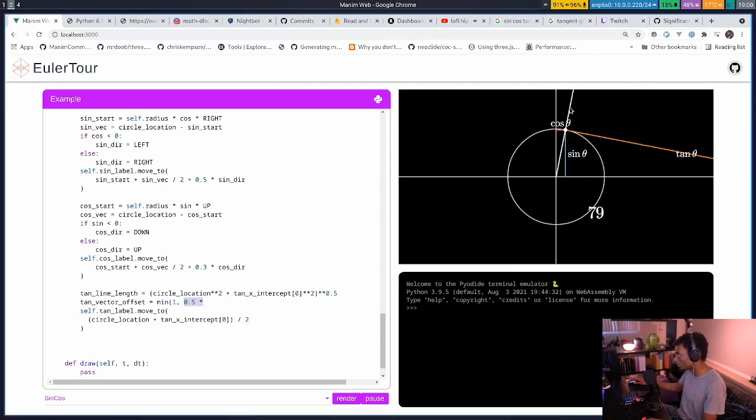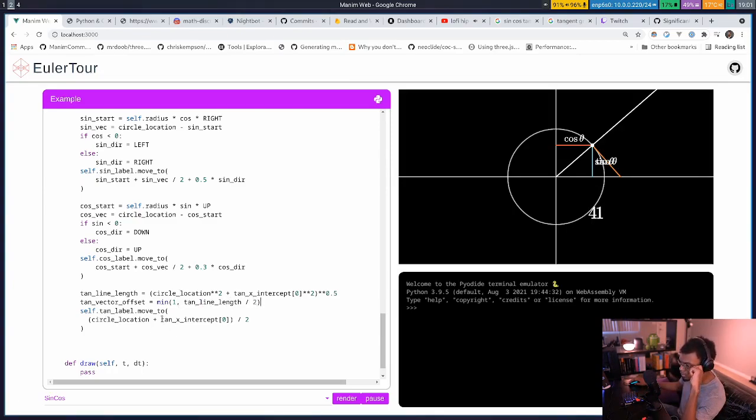Or if 1 is too far, then I'll go half the tangent length. Circle location plus this vector.